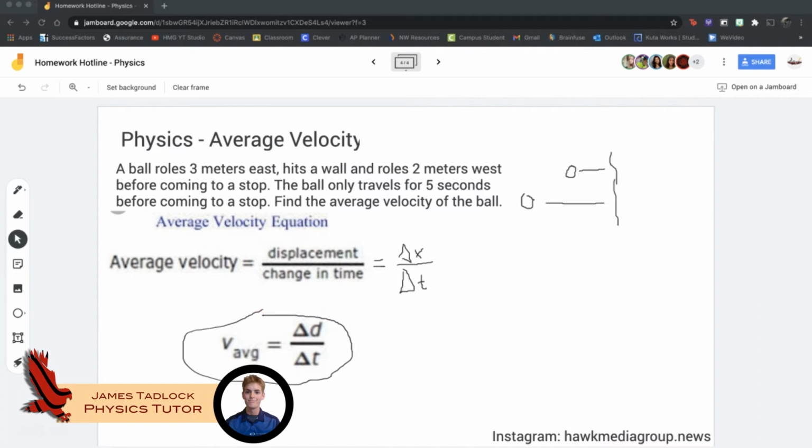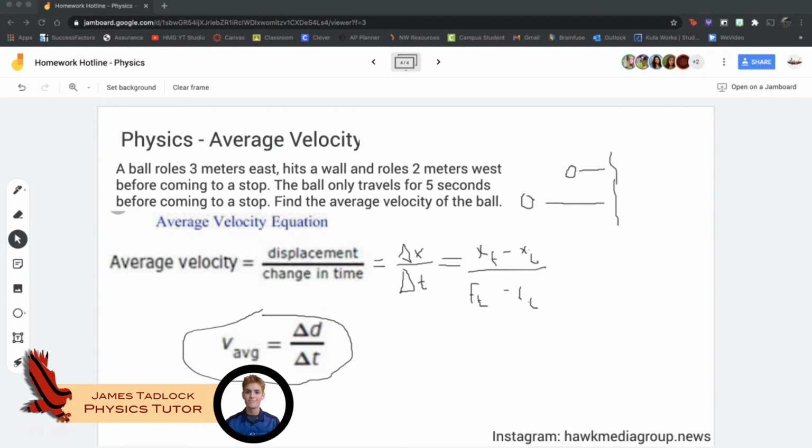So triangle X here really means the final distance of the ball minus the initial distance of the ball. Your change in time is your final time minus your initial time. So all we do now is plug and play.